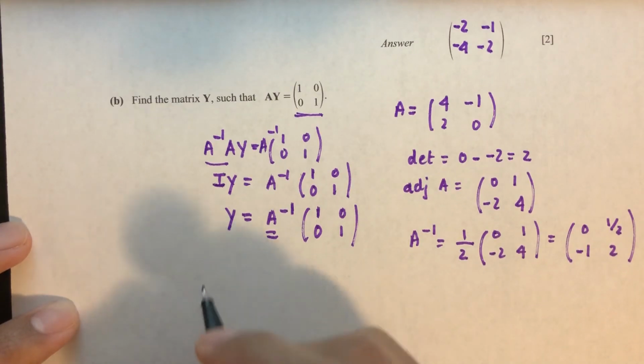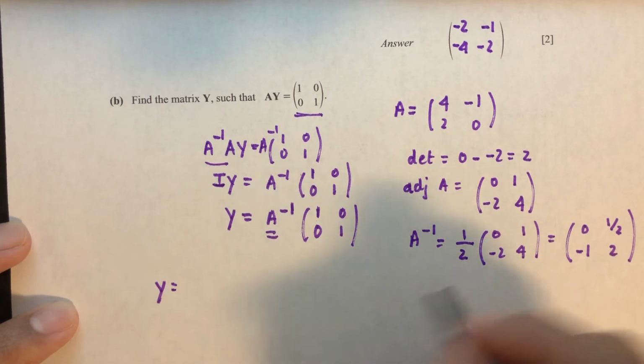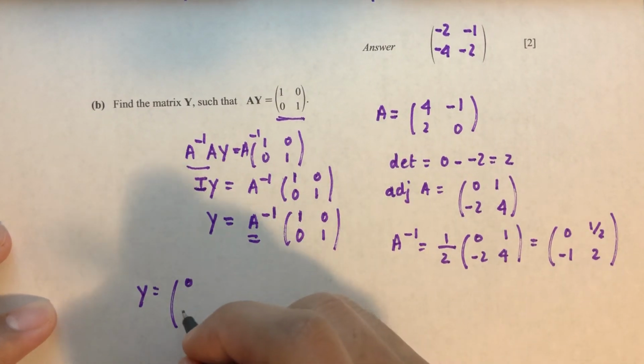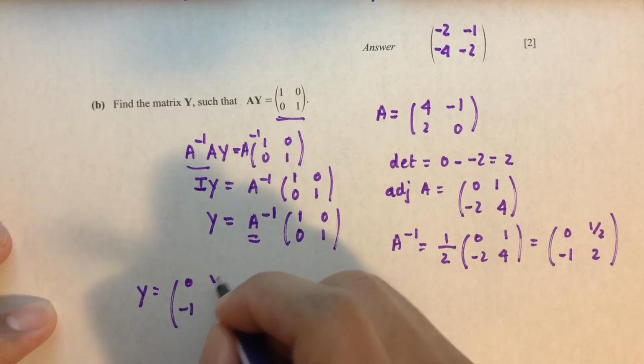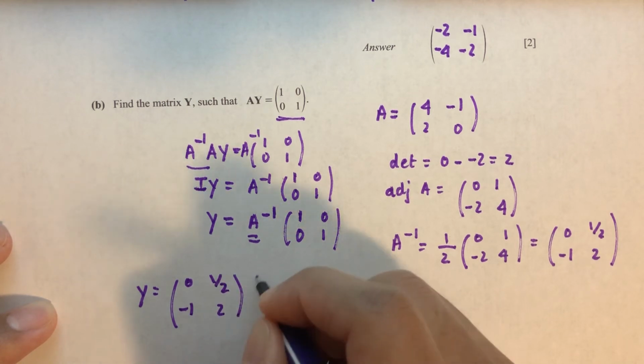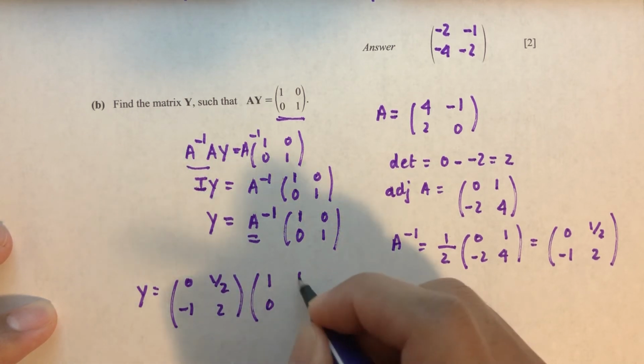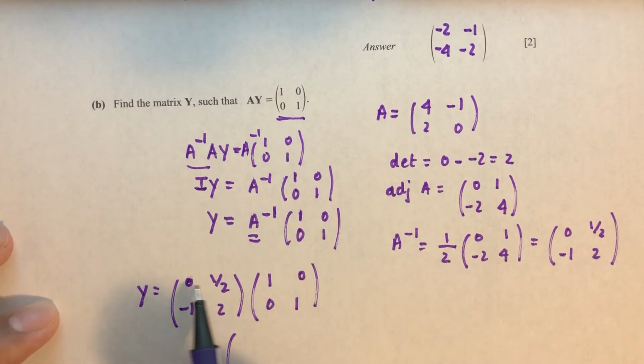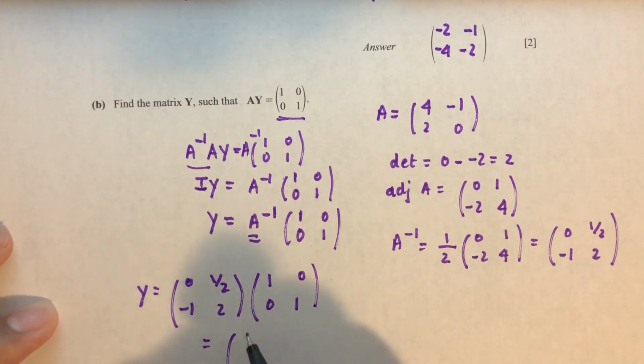Okay, so Y is equal to A inverse, which is this matrix, 0, minus 1, half, and 2, multiplied by 1, 0, 0, 1, which is equal to, so 0 times 1 is 0, plus half times 0 is 0. 0.